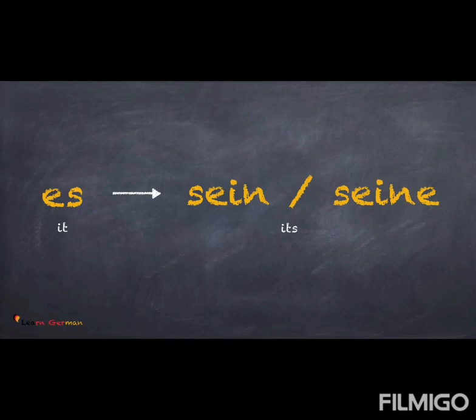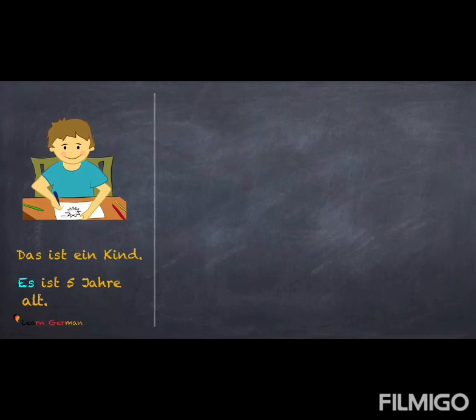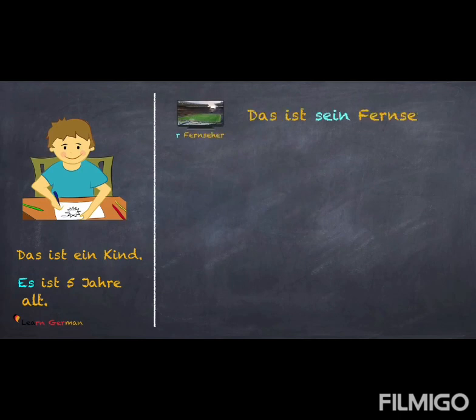Coming to the next pronoun, es. Here, the possessive pronouns are the same as those of er, that is, sein or seine. And now let's see how to use them. Das ist ein Kind. Es ist 5 Jahre alt. Das ist sein Fernseher.